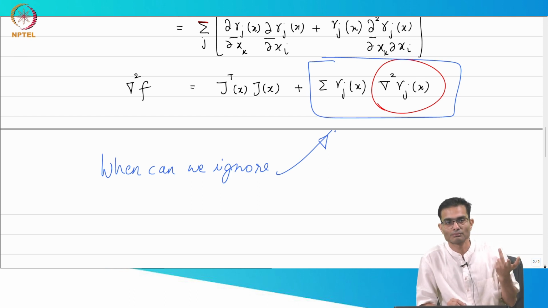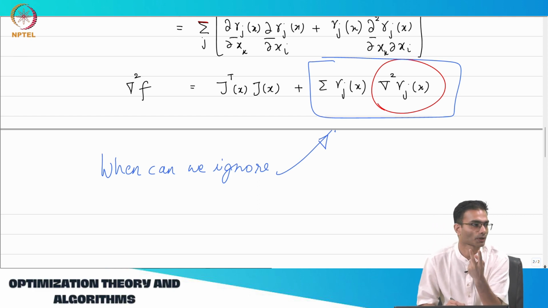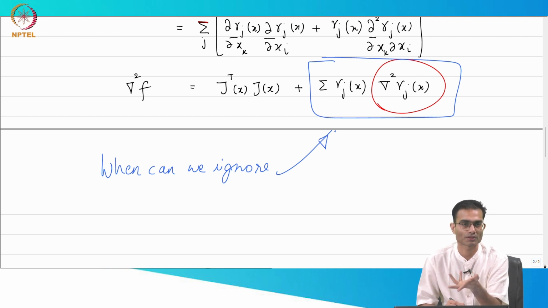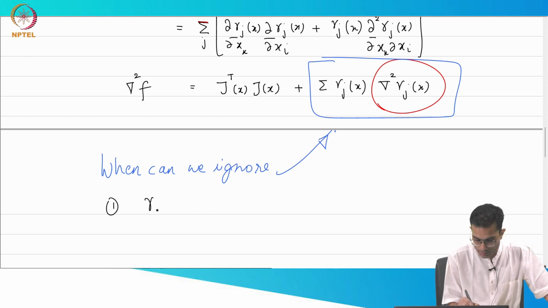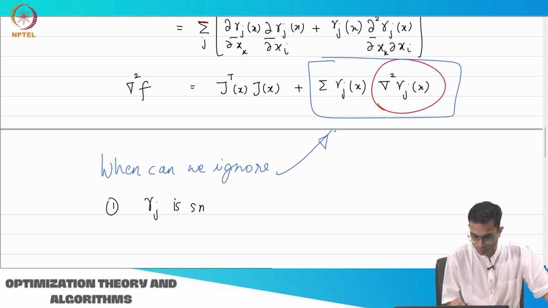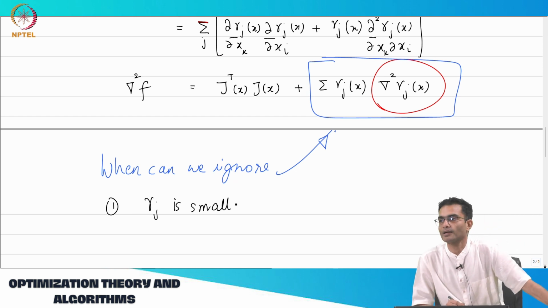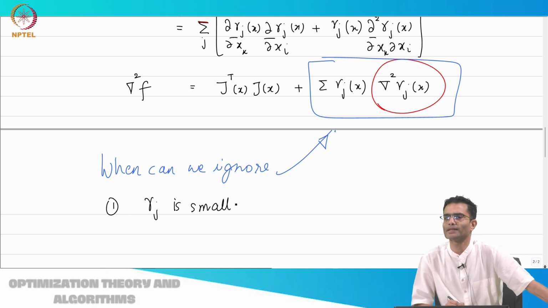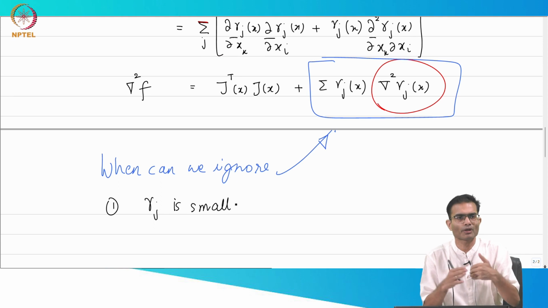Now basically there seem to be two options. First option is, what would you say? Product of two terms, either the first term is low or the second term is low. There is no other possibility, right? So supposing r_j is small, that is one possibility. Again, in plain English, what would that mean? I'm somewhat near the solution.